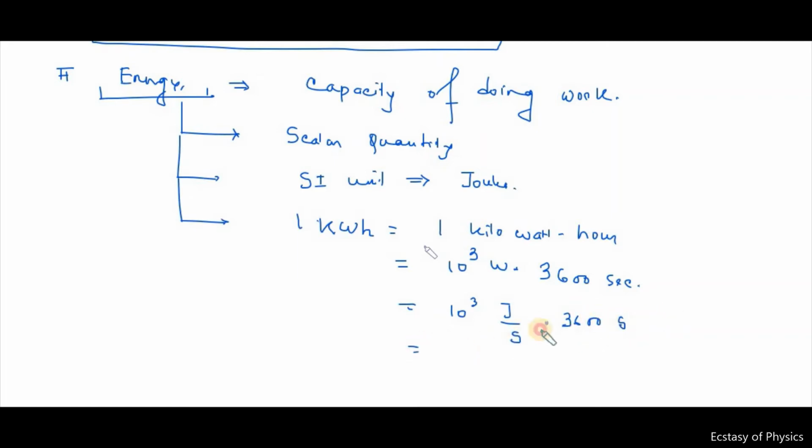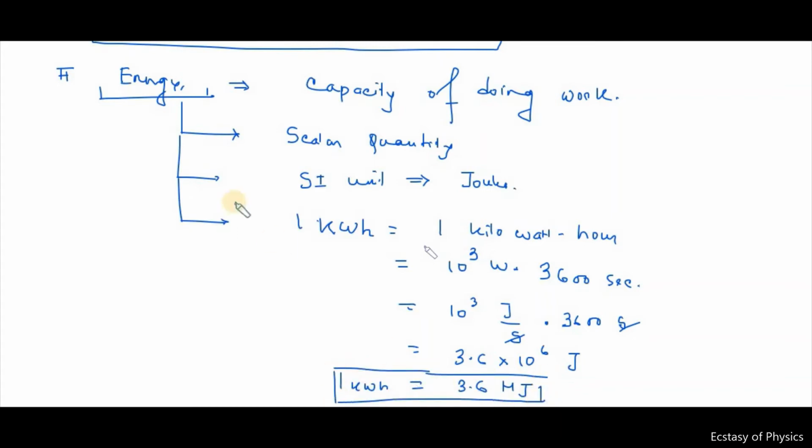From here, second and second are eliminated, and we get 3.6 into 10 to the power of 6 joules, which means 3.6 megajoules. That's the representation of 1 kilowatt hour. So the kilowatt hour is a unit of energy.